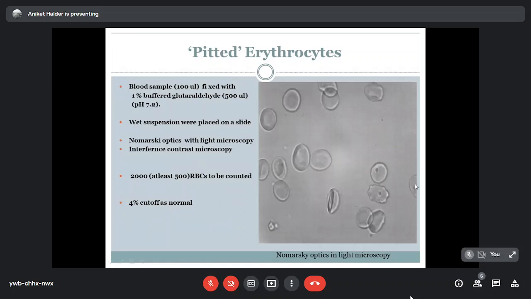In this figure, we can see three RBCs with the presence of these pits or vacuoles. The presence of these pits in more than 4% of the total circulating RBCs is a determinant for identifying and documenting hyposplenism. For documentation, it has been advised that 2000 RBCs should be counted, although at least 500 RBCs should be counted for making a percentage.